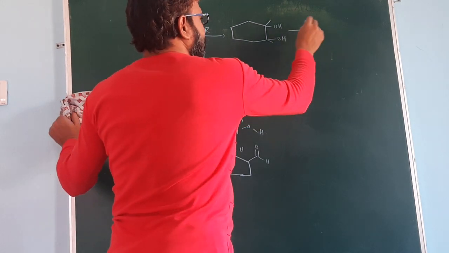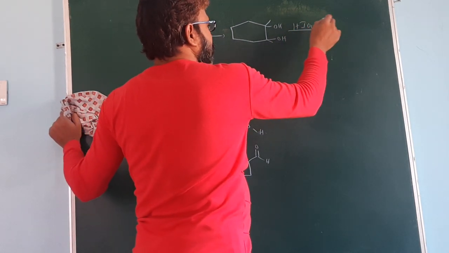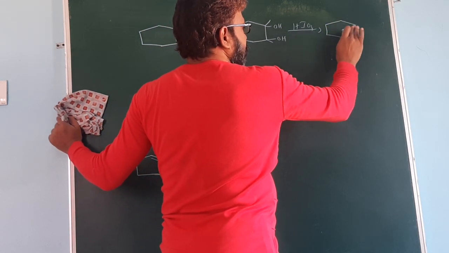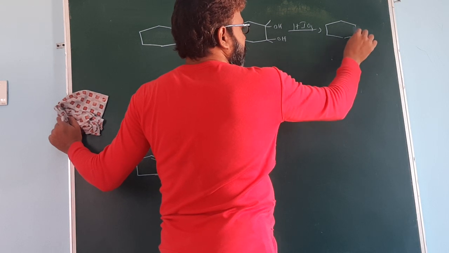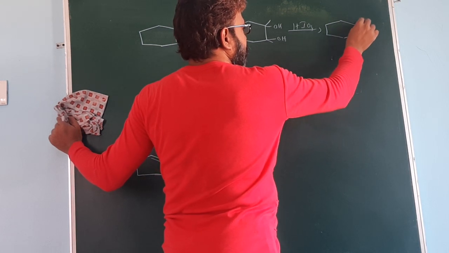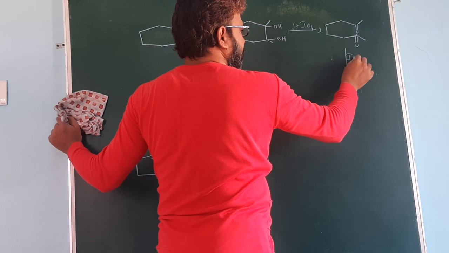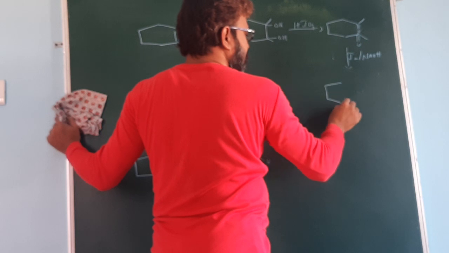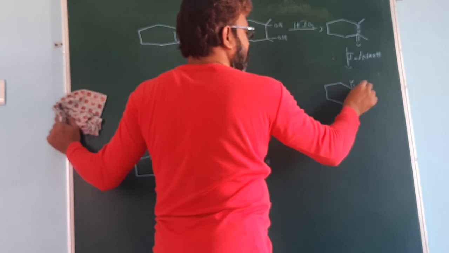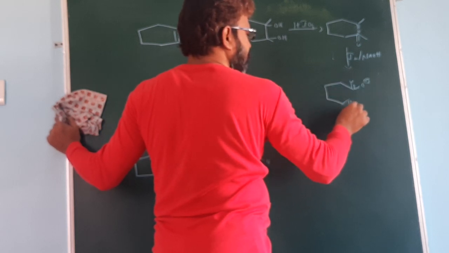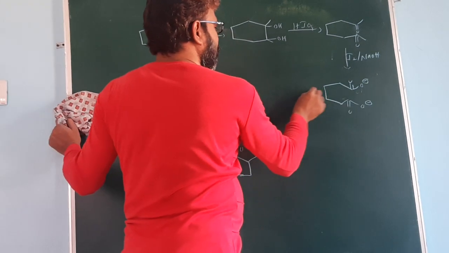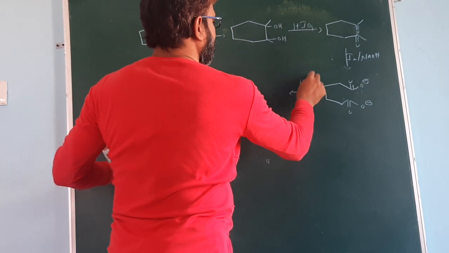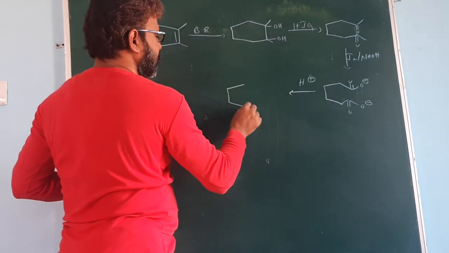It reacts with HIO4 to give carbonyl compound. It reacts with I2 NaOH, it is iodoform reaction, to give carboxylate anion. So acidified with H plus ion to give carboxylic acid.